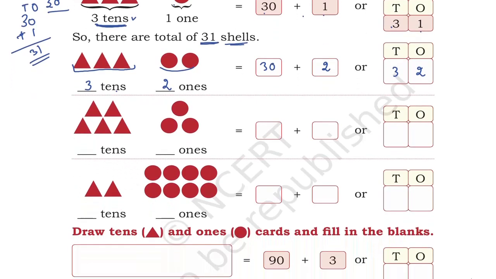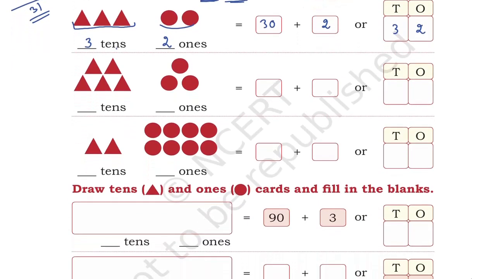Moving on to the next question. How many tens and how many ones? Let's see. We have 2 plus 3 is 5 tens and 3 ones. So there is going to be 50 and 3. 50 plus 3, that makes it 53.